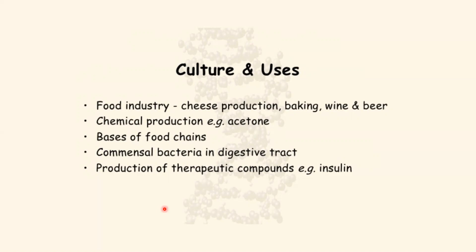And therapeutic compounds: insulin, some vaccines, or hormones, for example, for hemophilia patients, as well as interferons for hepatitis C, a very important part of our therapeutic compounds. They're all produced by bacteria and through cell culture of bacteria.